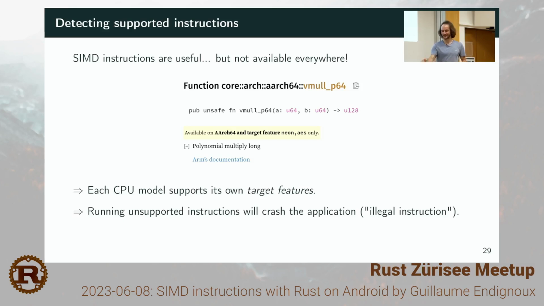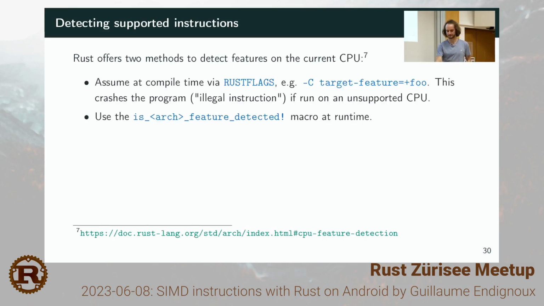That's why I took my old device. I didn't want to crash it. So basically you have to make sure that your device supports this instruction, and if it doesn't, you need to fall back to an implementation that doesn't use all the speedups of SIMD.